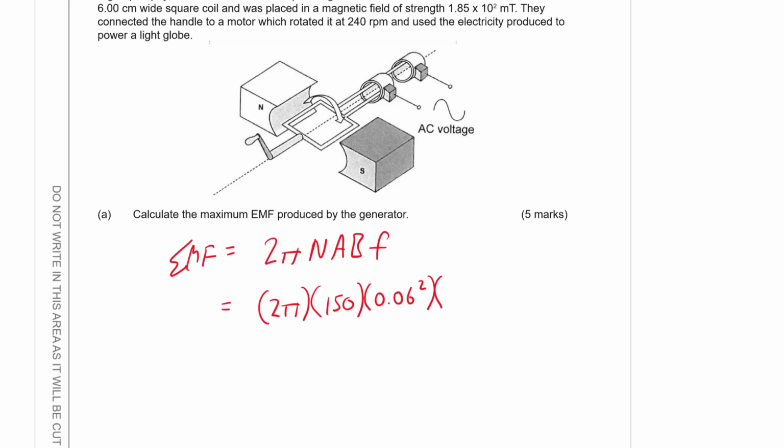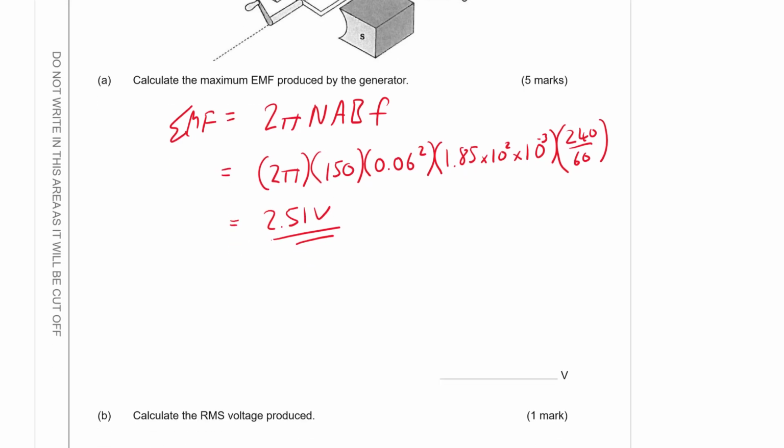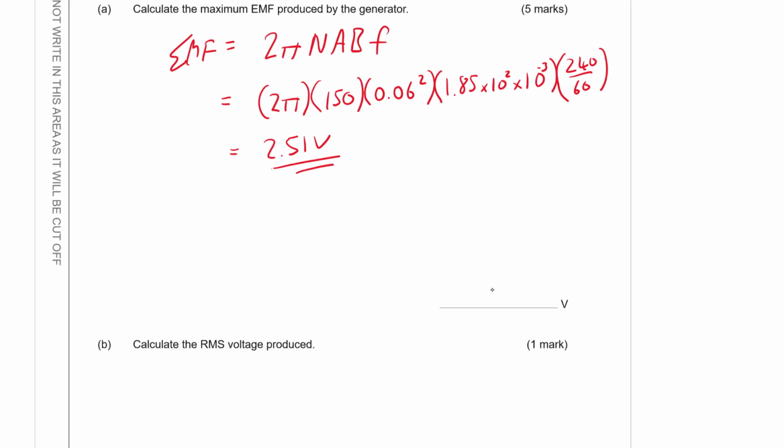And magnetic flux density is 1.85 times 10 to the 2 millitesla, so I need to multiply that by 10 to the negative 3. I'm sure that will trip a few students up. And the frequency is going to be your 240, but that's in RPM, so I need to convert that by dividing that by 60. Alright, now that's done. You put that in your calculator and you end up with 2.51 volts. I'm not sure what the rest of the space is for. I guess if you do the conversions separately. But yeah, that's a pretty easy 5 marks.